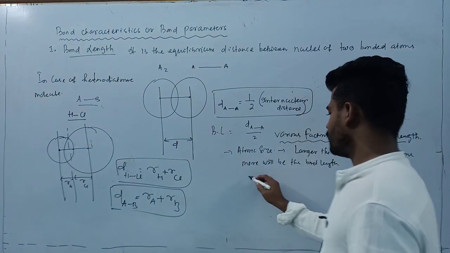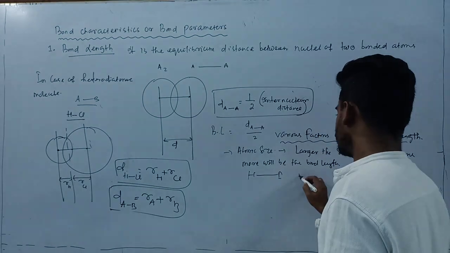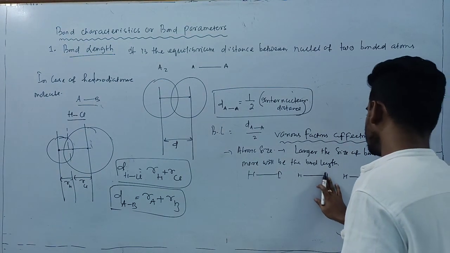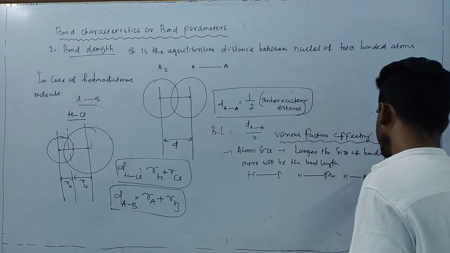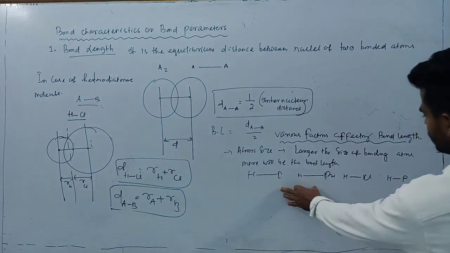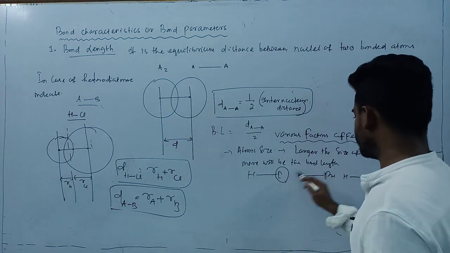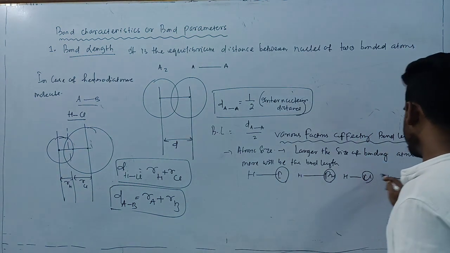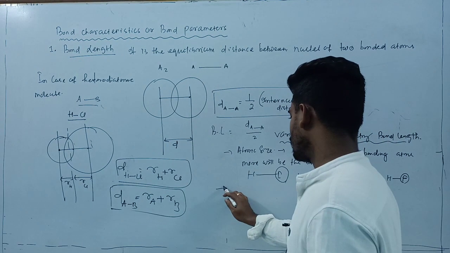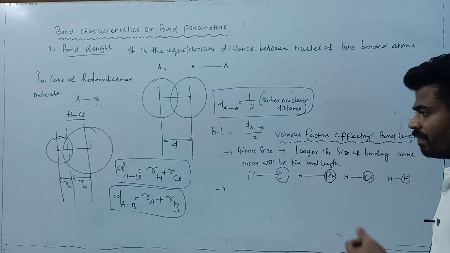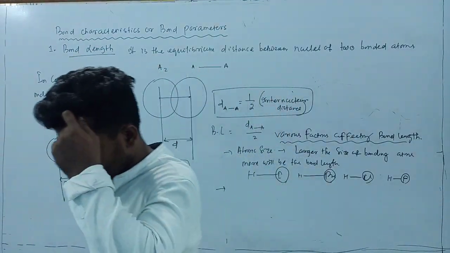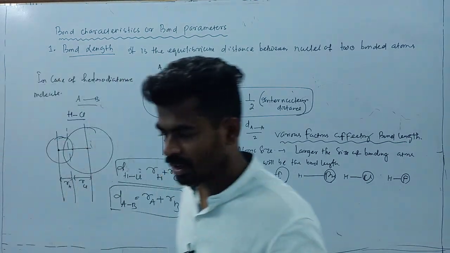If I consider HI, HBr, HCl and finally HF, you see the bond length decreases since the size of the halogen decreases. Next, another factor affecting bond length is multiplicity of the bond.